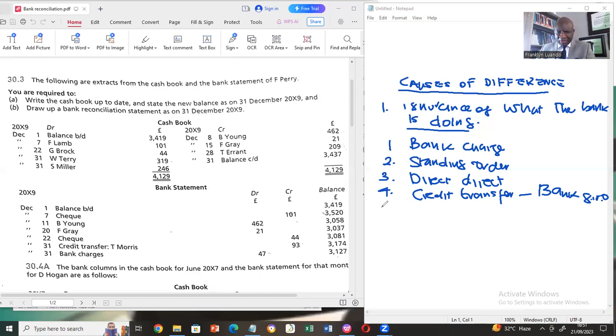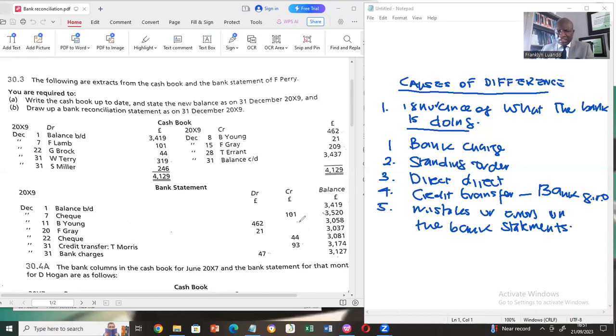Also, there is number 5: mistakes or errors made by the bank on the bank statement. Okay, so those are the factors that fall under ignorance of what the bank is doing.